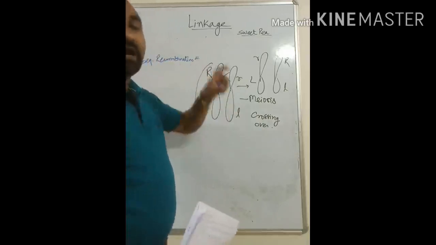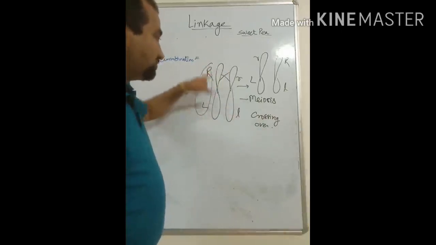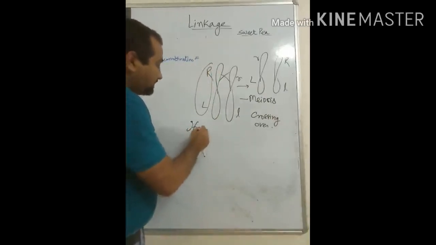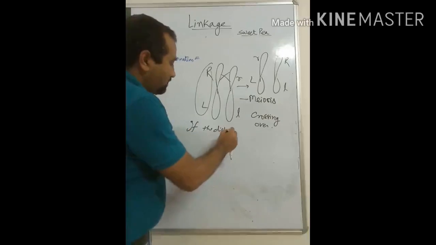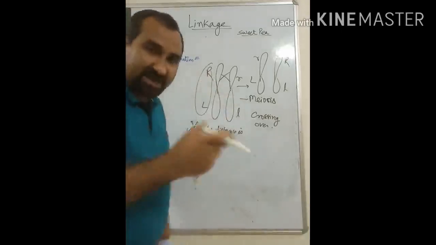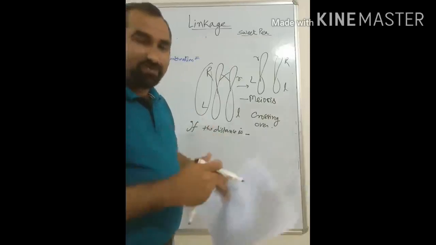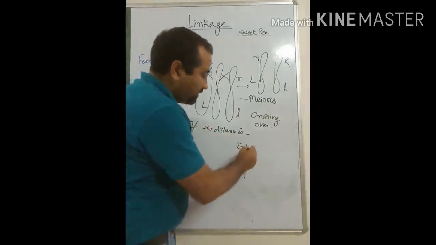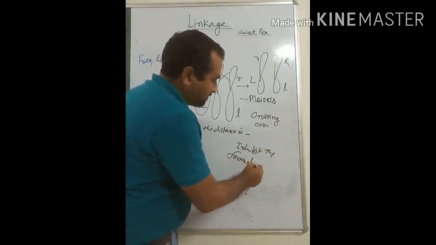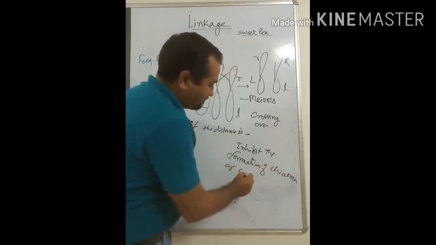How many crossovers are possible between R and L is dependent only on the distance between R and L. And if the distance is too low, if both the genes are tightly packed, their close arrangement will inhibit the formation of chiasma or crossing over.